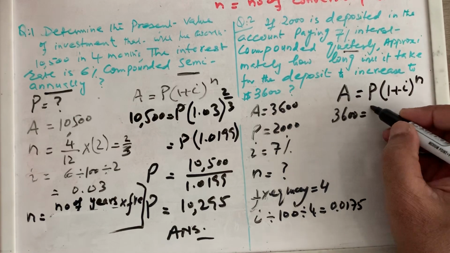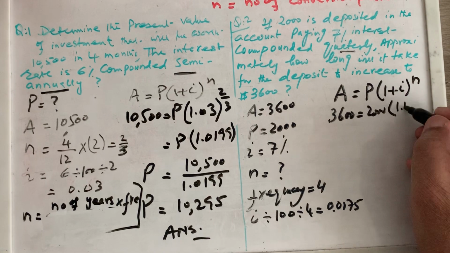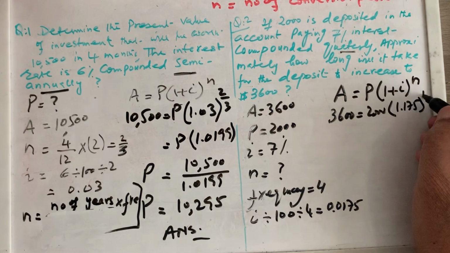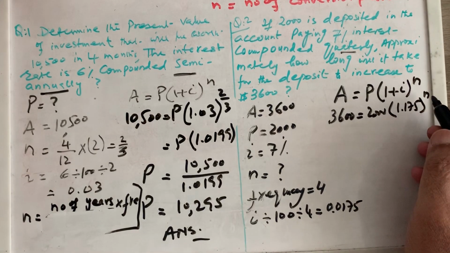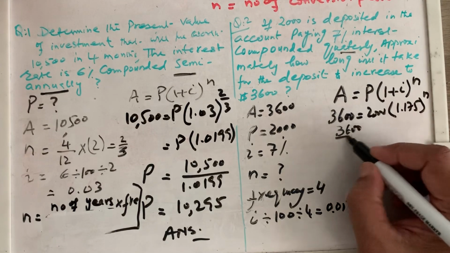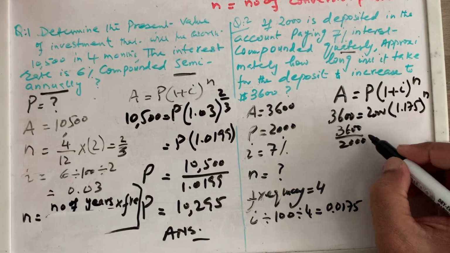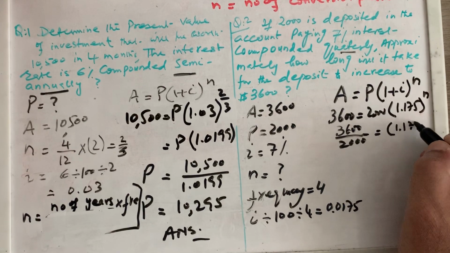So now we will substitute the data. 3600 is equal to 2000 times 1.0175 raised to the power N. And whenever we have to solve a function which has an exponent, we take the log of each side. So first we simplify it to an extent where I can take the log of both sides.